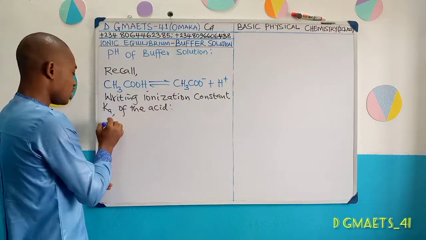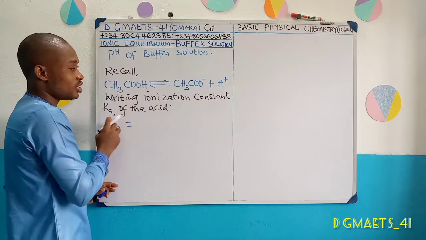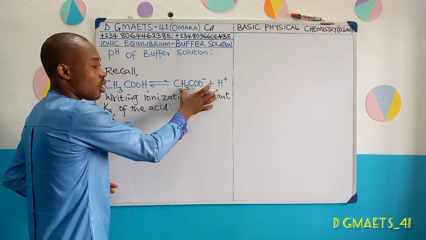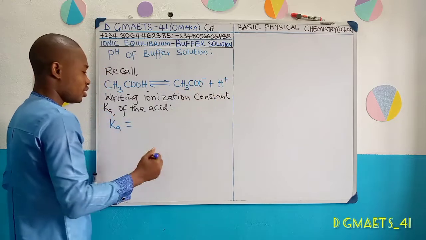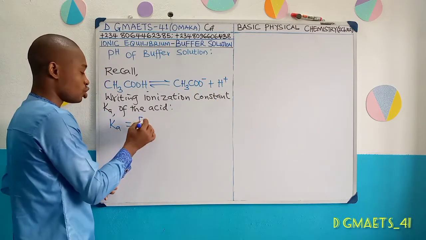So for this one, the Ka formula, ionization constant of this acid, it will be the product of the concentration of wetin we get for products here. Wetin I mean by that? Allow me make I use square bracket to show concentration.